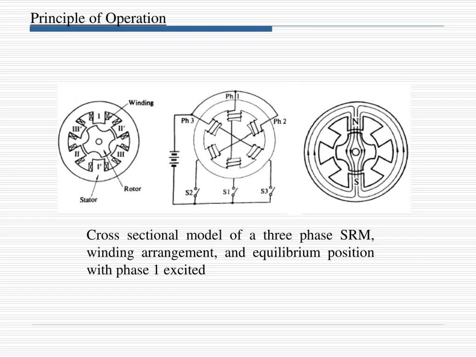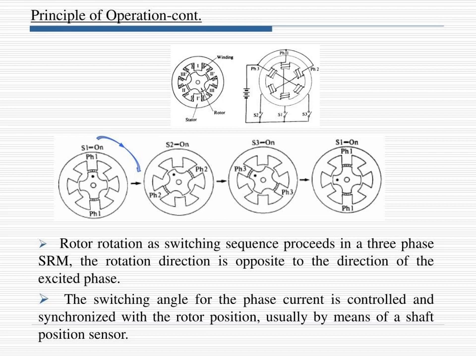In the third diagram, we can see that opposite poles are attracted toward each other and produce a magnetic field in the rotor. The rotor rotates as the switching sequence proceeds in a three-phase SRM. The rotor direction is opposite to the direction of the excited phase. The switching angle for the phase current is controlled and synchronized with the rotor position, usually by means of a shaft position sensor.